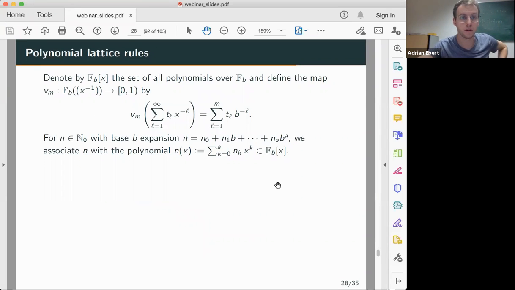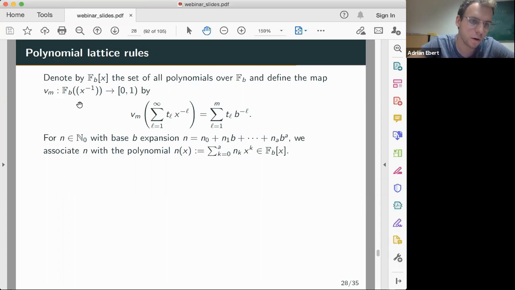Then polynomial lattice rules are defined as follows. Polynomial lattice rules are called that way because the structure is very similar to lattice rules, but the difference is that instead of integer arithmetic, we now have polynomial arithmetic. In particular, we consider polynomials over finite fields, with b usually being the base and being a prime.